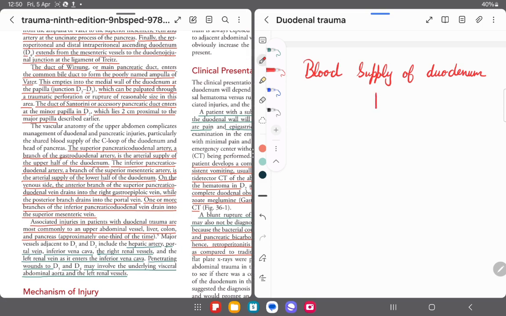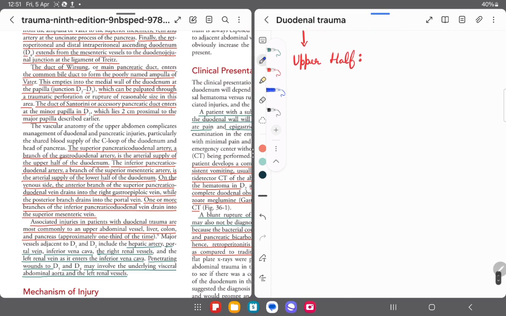So we have an upper half, which is supplied by the gastroduodenal artery with the branch superior pancreatico-duodenal artery.